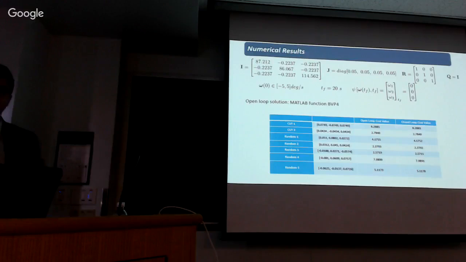Then I have used 5 random initial conditions, and you can see the difference between the cost in the open loop and the closed loop solution is on the order of 10 to the power minus 4. For example, in the first random initial condition, the cost value in the open loop is 4.1755, and in the closed loop it is 4.1752.